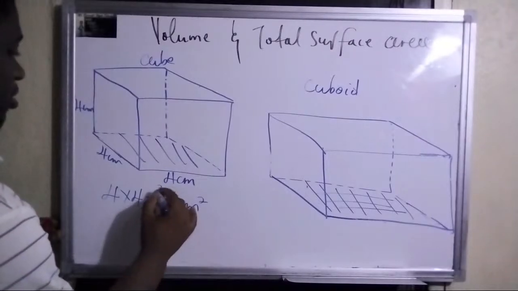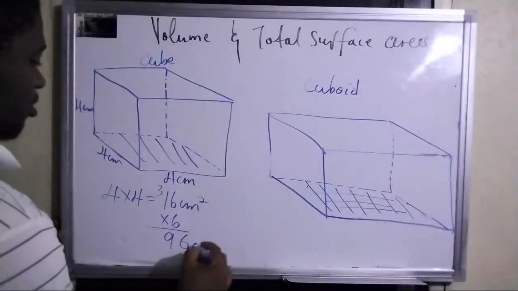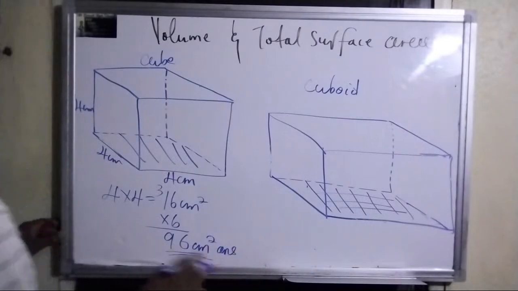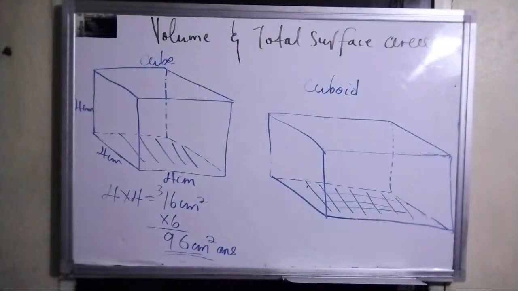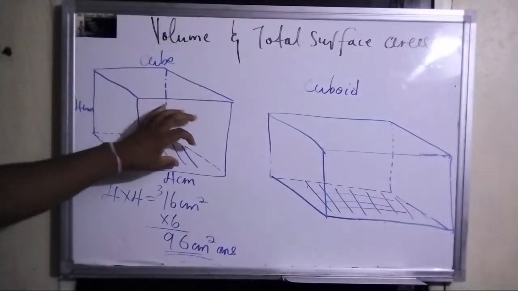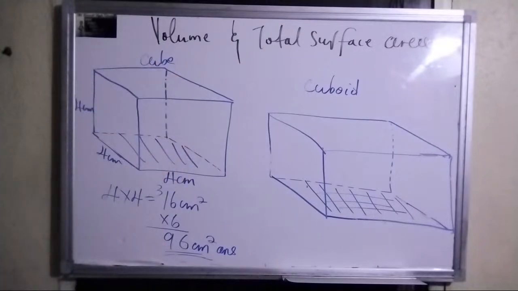So 6 times 6 is 36, 6 times 1 is 6, and 3, 96. Notice this is area, so we leave it as total surface area. It is the area of all the sides, and we'll add them. Because each area will be 16, this is going to be 16, this is 16, this is 16, we'll multiply.